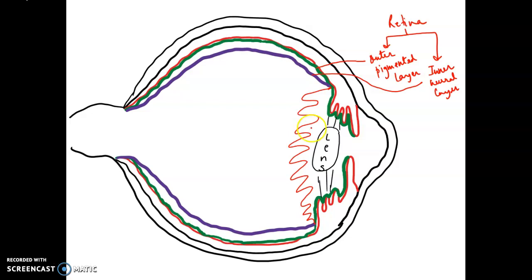What is that called? Ora serrata. So how do you define ora serrata? Ora serrata is the junction between the outer pigmented layer and the inner neural layer of the retina of the eye. I'll stop here and then start with a new video.